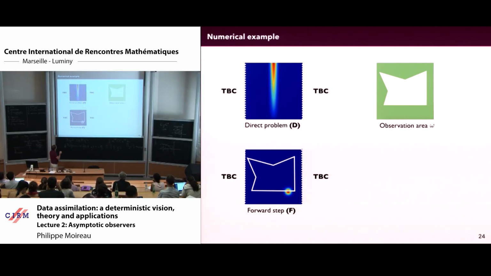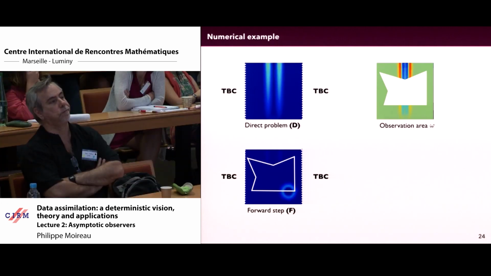Okay, this is the direct problem with an initial condition here, and I will say that I observe in this zone, quite a strong zone, because I observe quite everywhere, but not in the center. Okay? And this will be the observer starting from a completely wrong initial condition. Okay? I start from the Gaussian here. Okay? So true solution, the target one, the wrong one. Okay? And you observe from that.